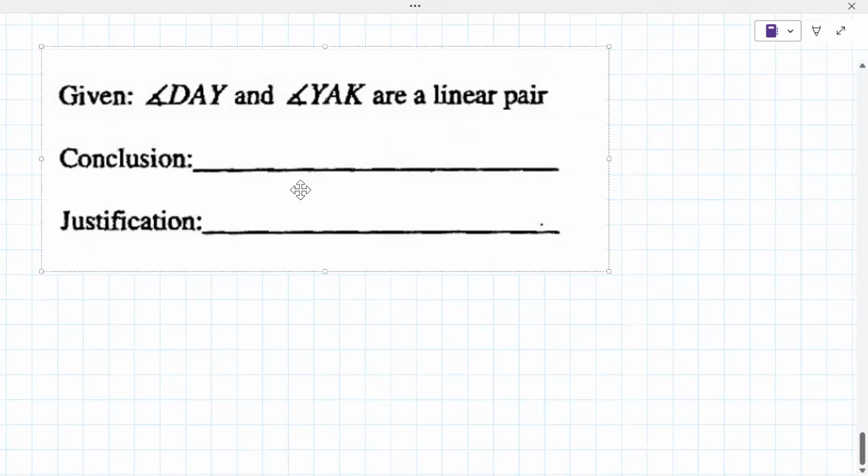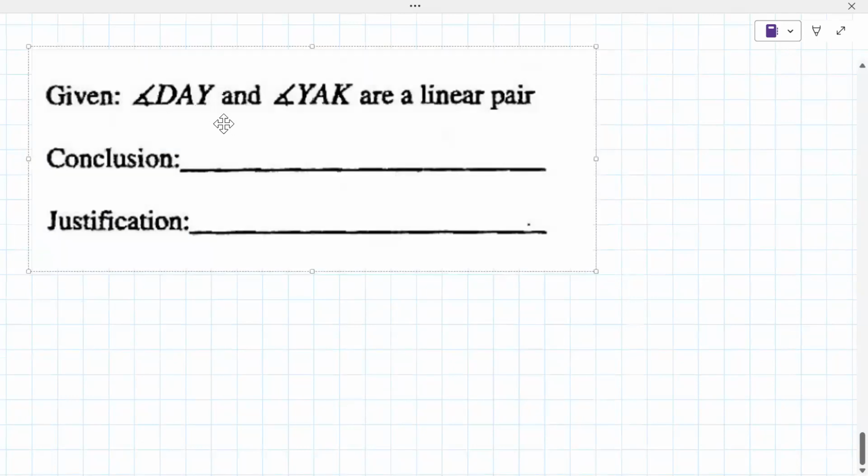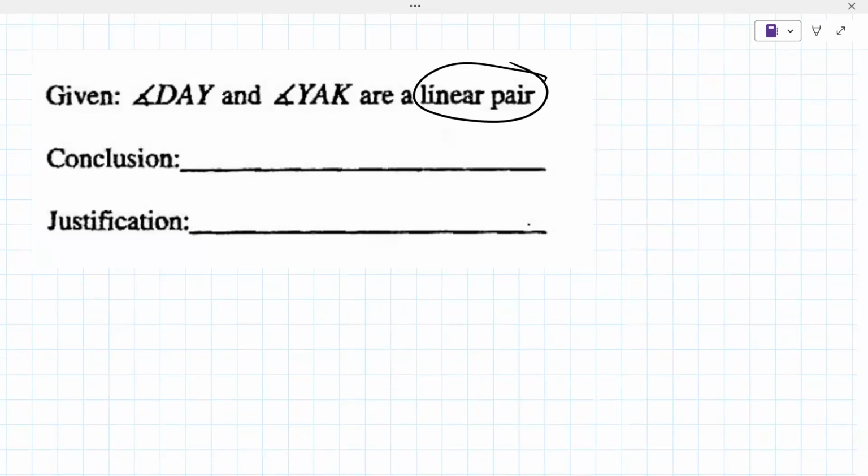All right. Given angle DAY and angle YAK are a linear pair. Do you remember what a linear pair is from earlier? I don't know. Maybe it looks familiar.